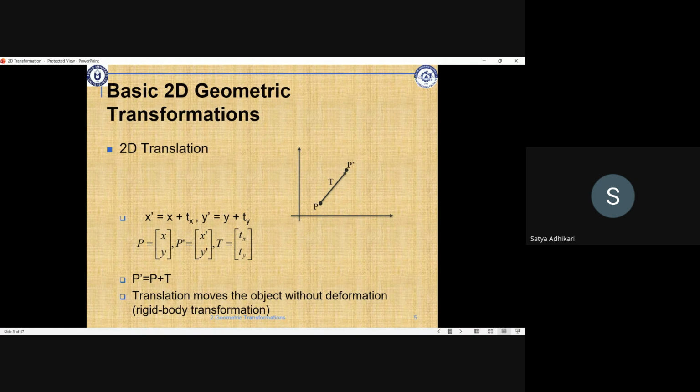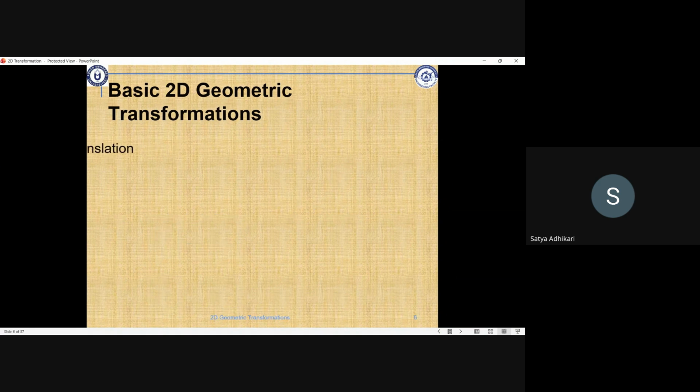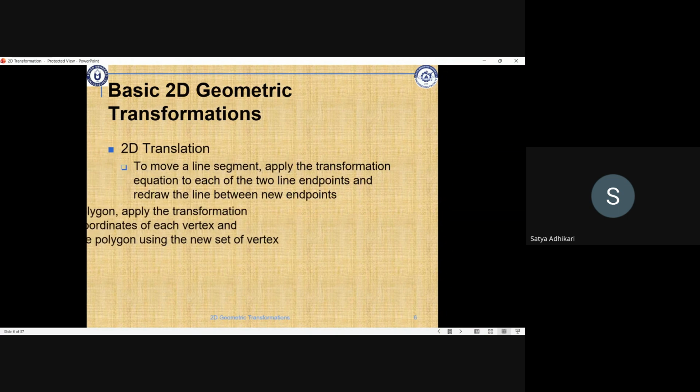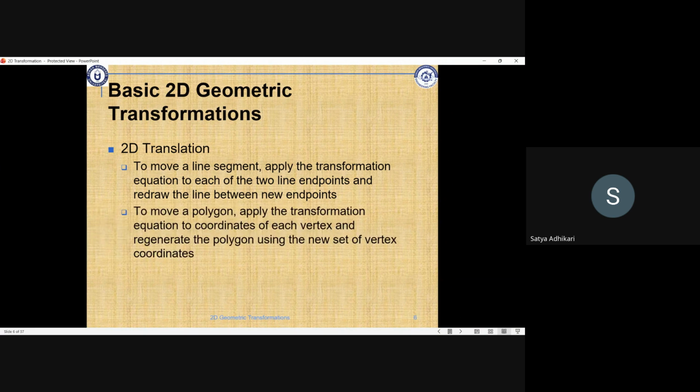Okay. So translation moves the object without deformation, that is rigid body transformation, which we have already discussed. And besides that, if we want to change the position of a line segment, you have to only apply the transformation to the endpoints. And similarly, if you want to move a polygon from one position to another position, apply the transformation equation to the coordinates of each vertex.